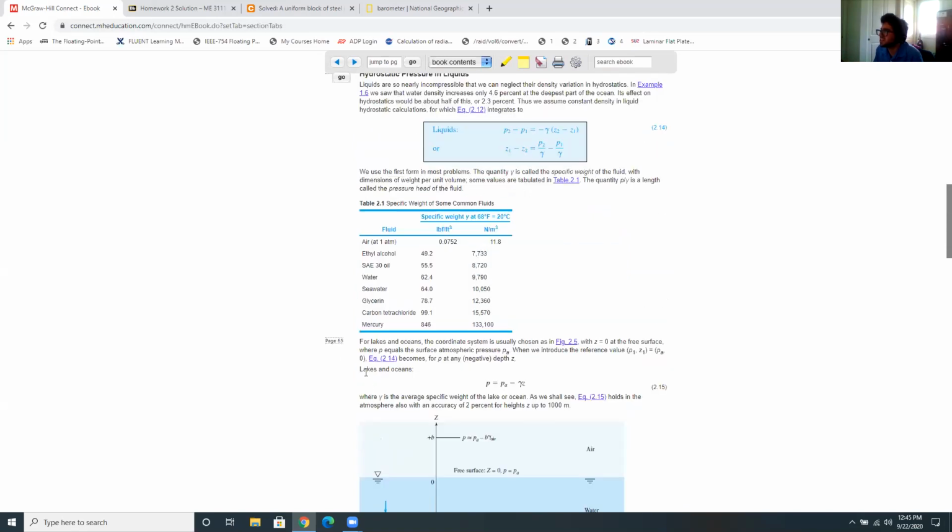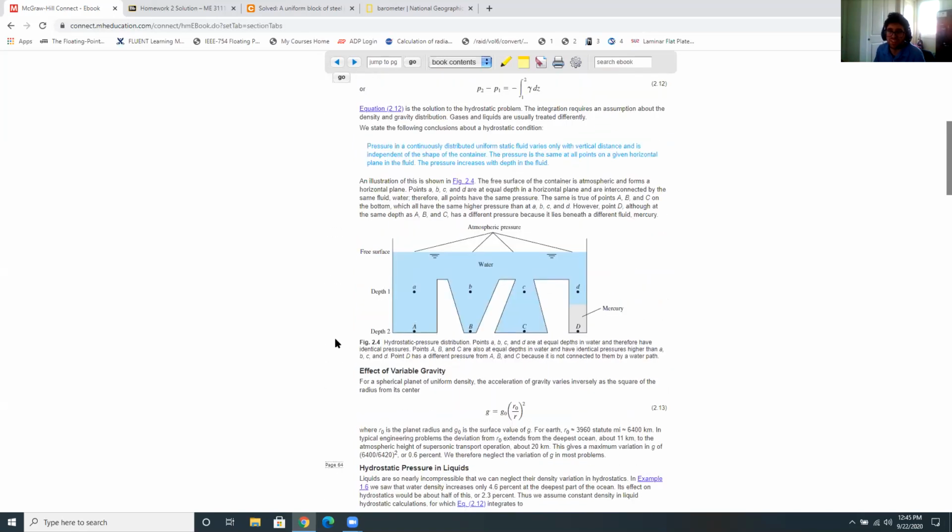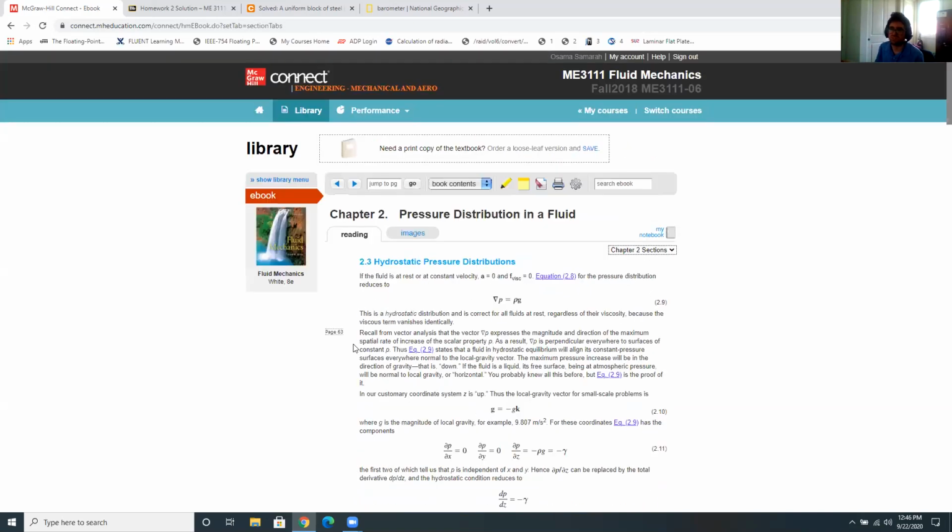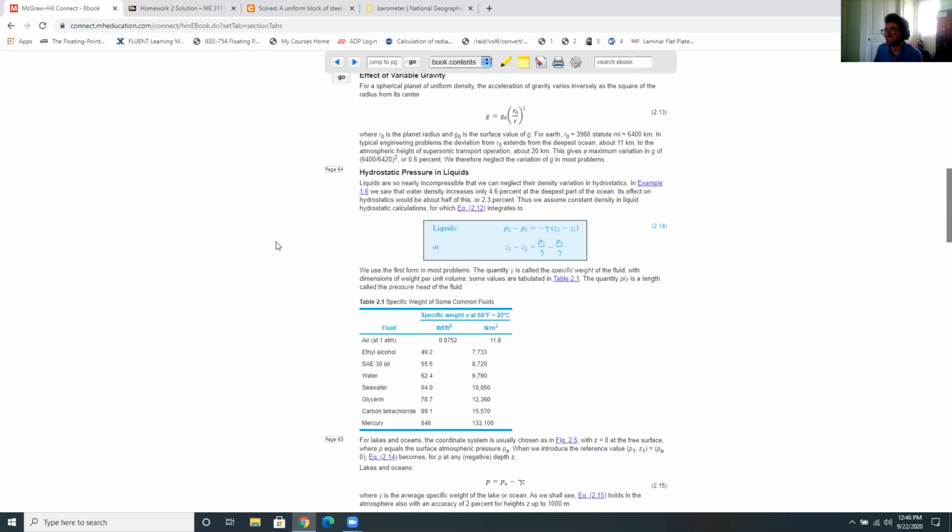I've seen crazy movies, and I don't know if that's actually true. Some people say you explode. Right now 14.7 psi is pushing down on me, and my body is pushing back 14.7, that's why I'm in equilibrium. If you go to space, nothing is pushing down on you, and you're still pushing 14.7. I don't know, maybe you explode.